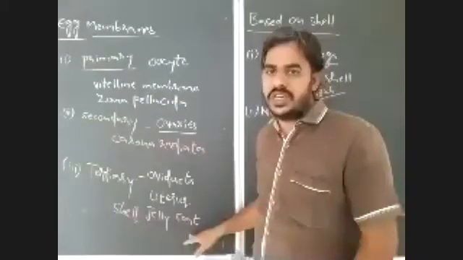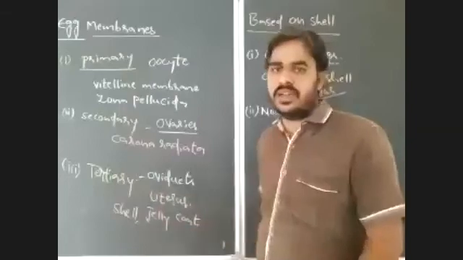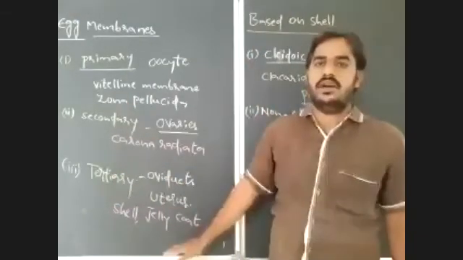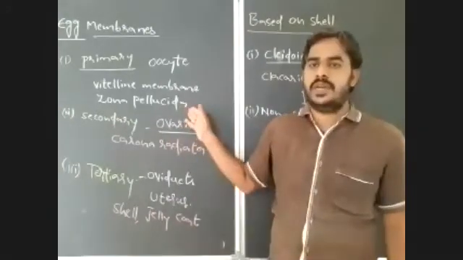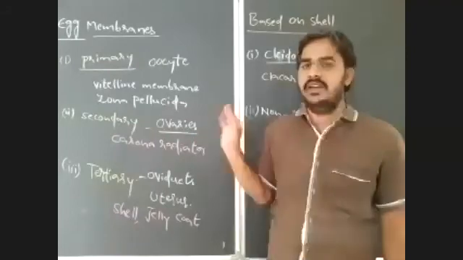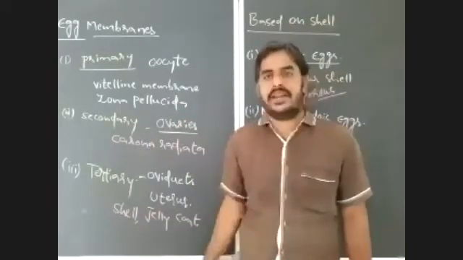So tertiary egg membranes here are shell and jelly coat. So these three you have to remember. In human beings, we can notice primary and secondary egg membranes, but there are no tertiary egg membranes. These are present in terrestrial oviparous animals and also in aquatic animals.